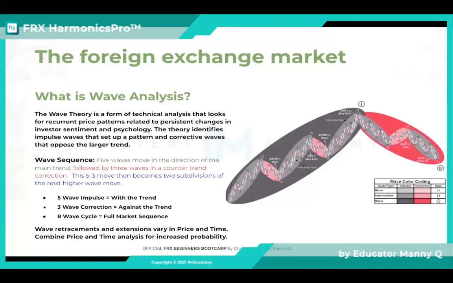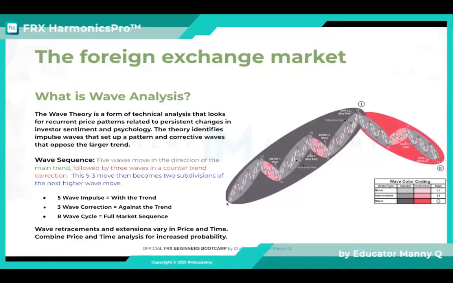Now, this theory identifies impulse waves that set up a pattern and corrective waves that oppose a larger trend. Okay, so let's talk about the wave sequence. We'll dive into this and we'll continue moving on. Now, the wave sequence is 5 waves that are basically moving in the direction of the main trend.